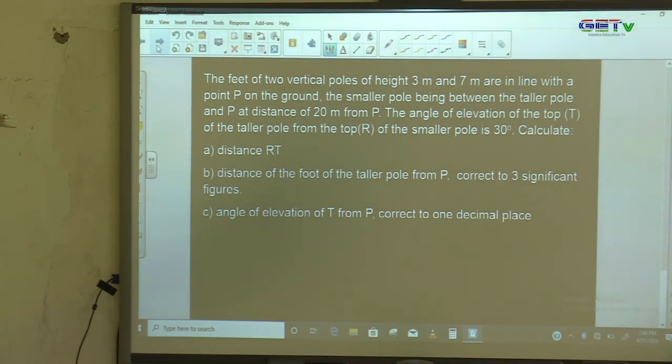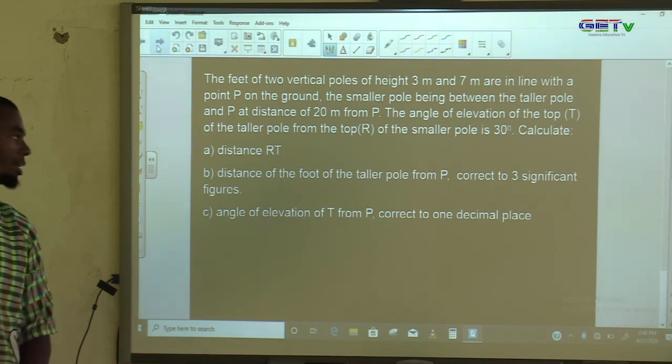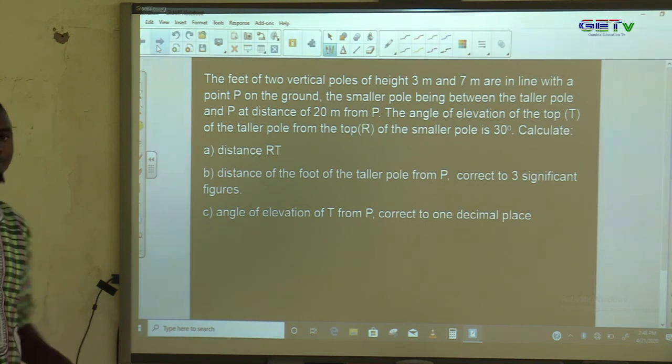Calculate A, distance RT. B, distance of the foot of the taller pole from P, correct to 3 significant figures. Angle of elevation of T from P, correct to 1 decimal place.